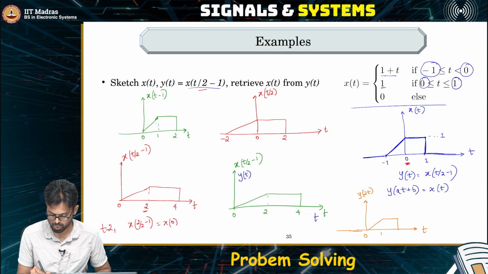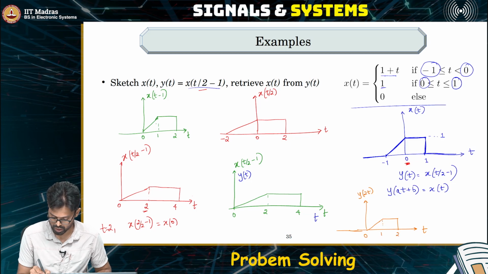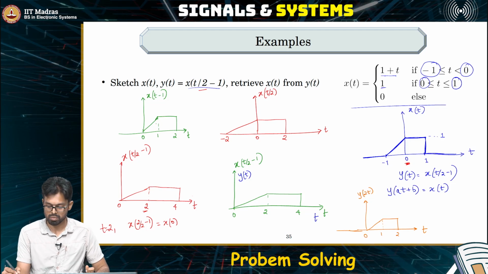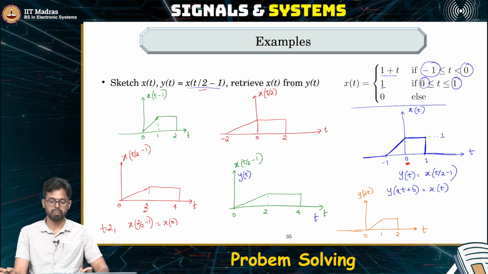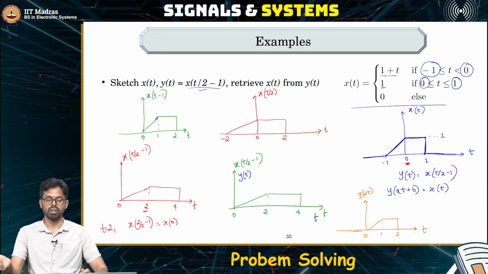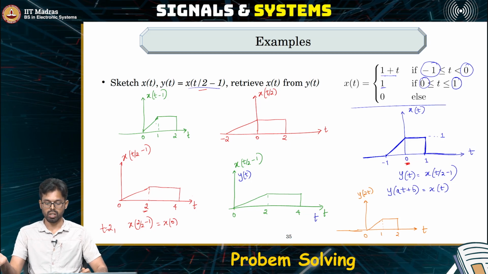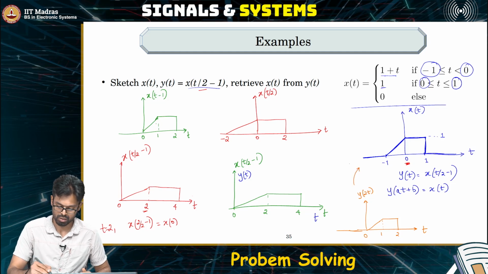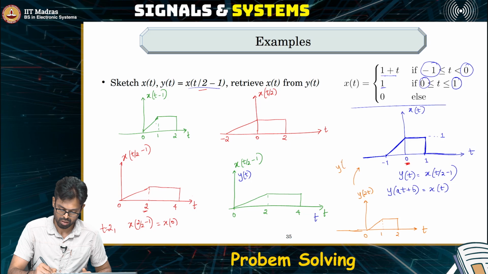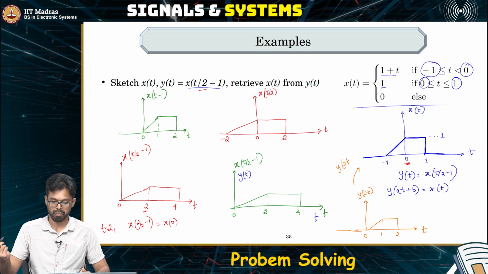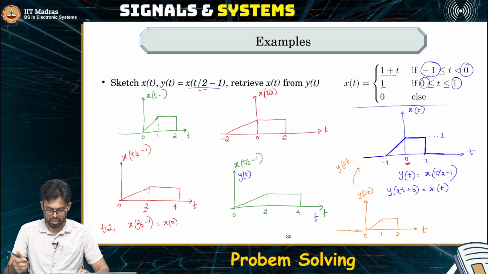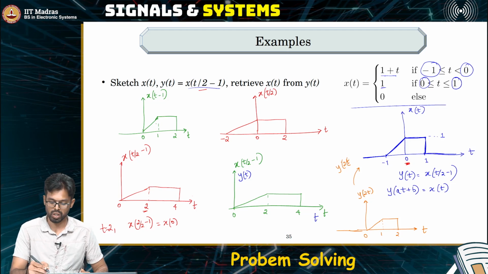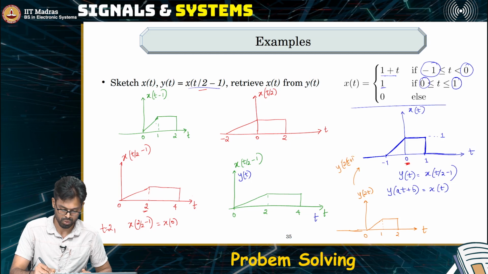So you get 0, 1 and 2. The other operation is, remember, minus b. b is -1, so minus b is +1. So after scaling, y of 2t, you are moving it by +1.